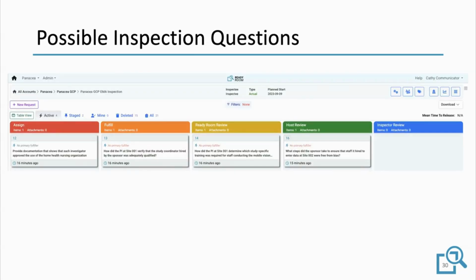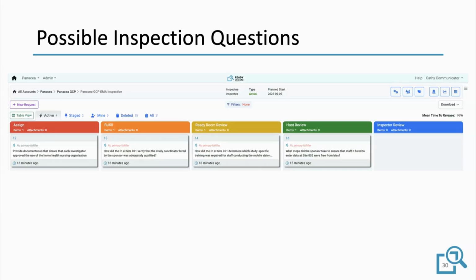So Preeya is going to go over some questions that we might expect. Yes, thank you, Denise. So in the same fashion here, you can see some questions that we can expect around, can you provide documentation that shows that each investigator approved the use of the home health nursing organization? Another question could be around the PI site.